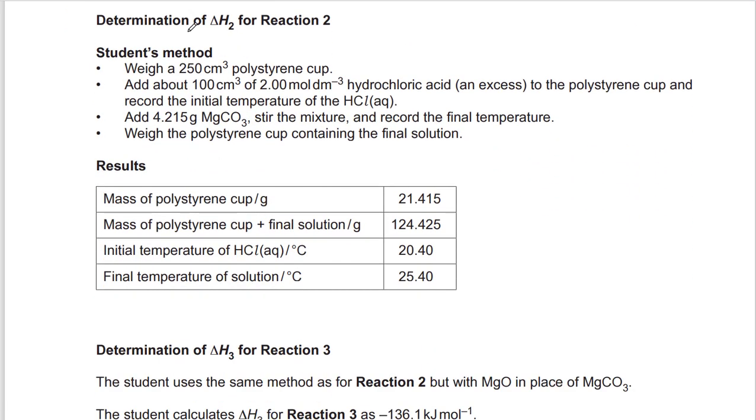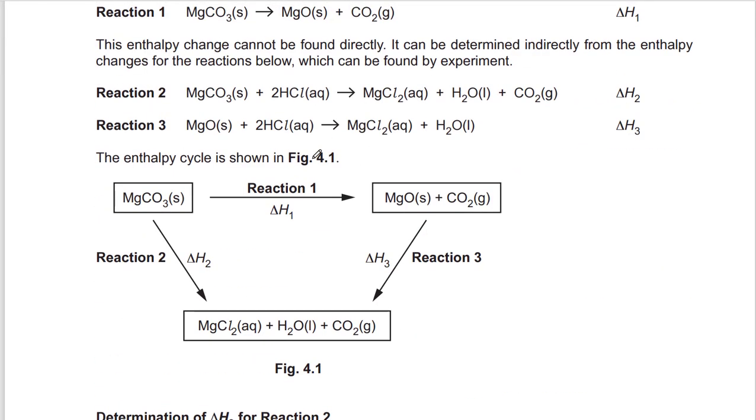So reaction 1 cannot be found directly. And in order to work out reaction 1, they're going to do reactions 2 and 3 and figure out what reaction 1 is using Hess's law.